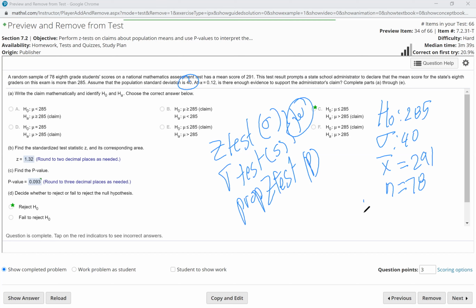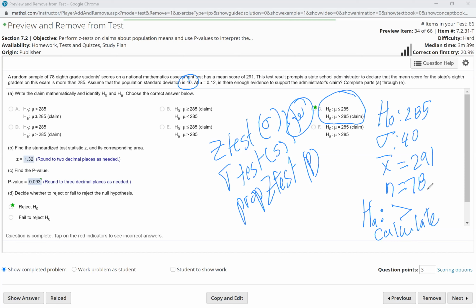And then before you hit calculate, you must choose the alternative hypothesis. And the alternative in our case, what is the claim? Mean score for the state's 8th grade on the exam is more than 285. So this is it, guys. So you choose this one and then hit calculate.